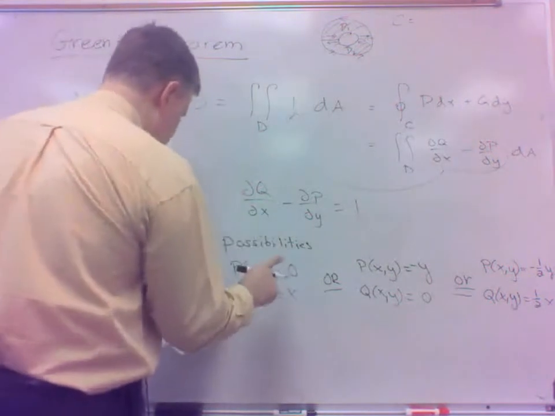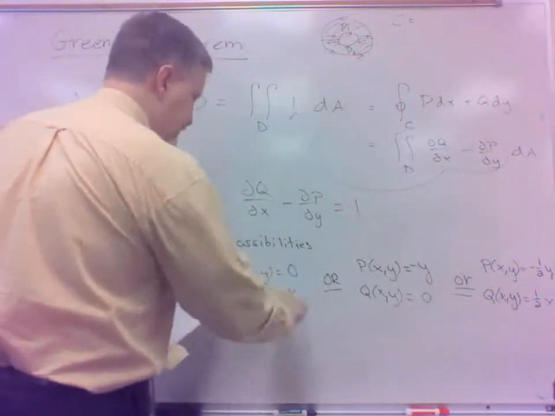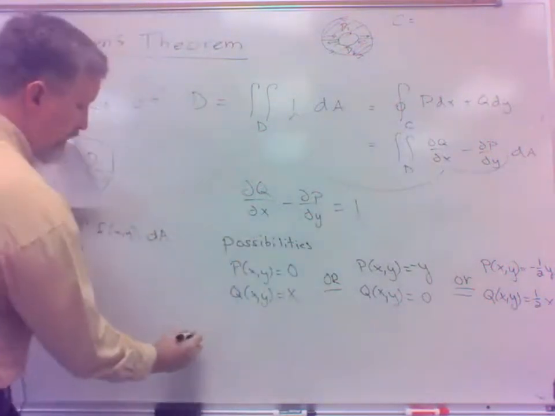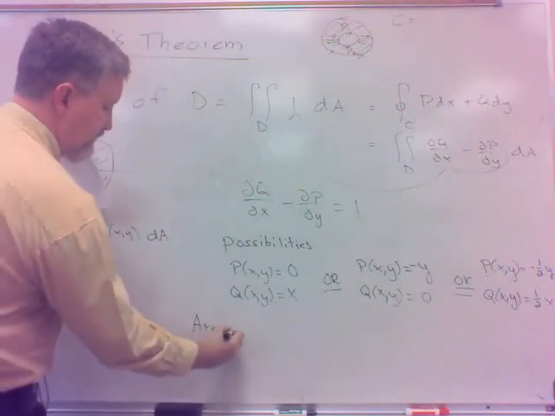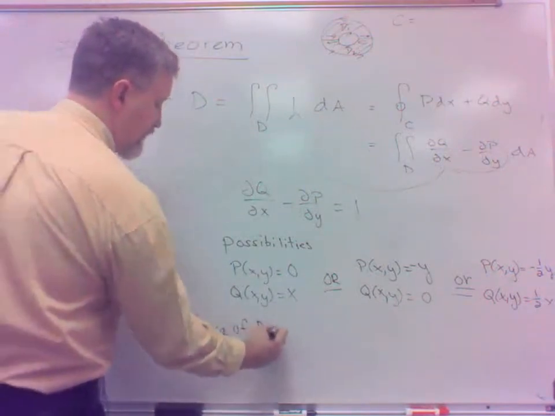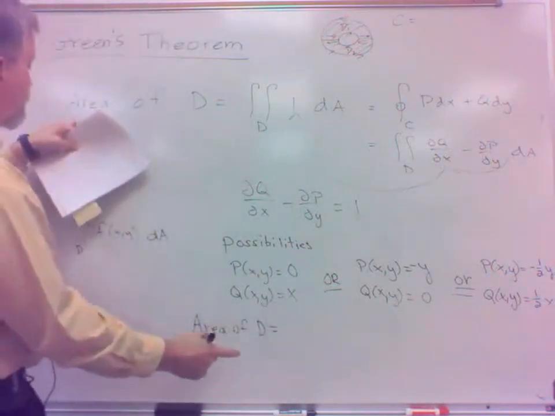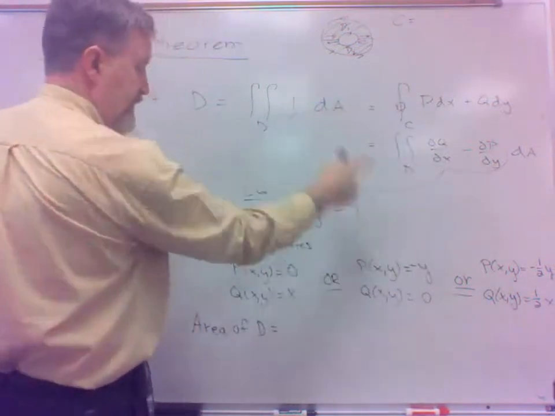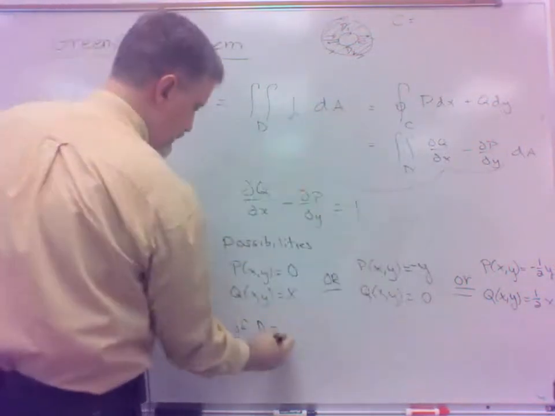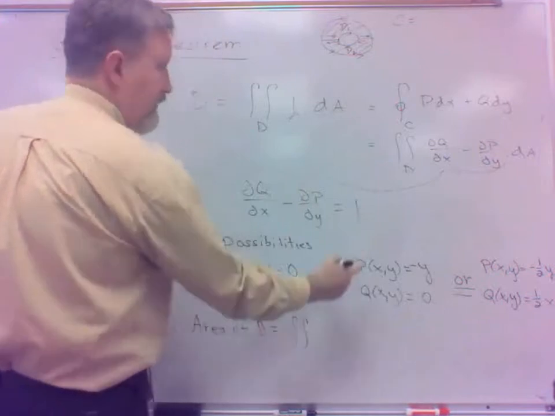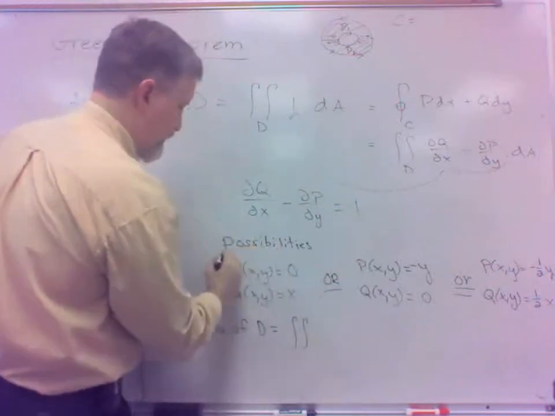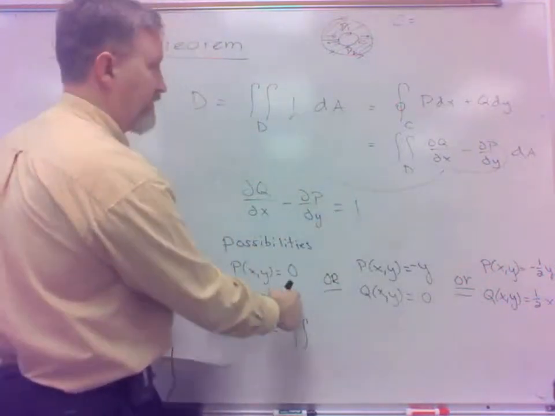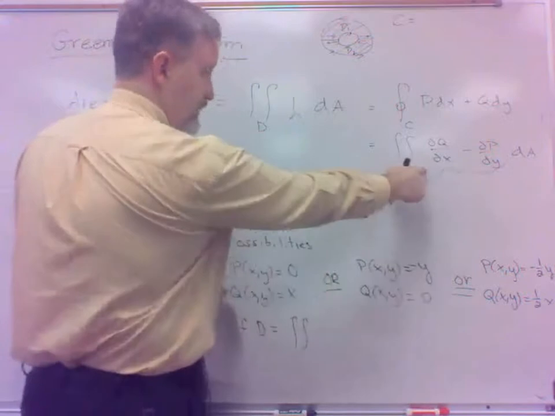So what this means then is with these formulas, the area of my region D we can find by doing this double integral instead of this one. We can do the double integral of, well, if we use the first example here, what do we got? Partial of q with respect to x is 0.